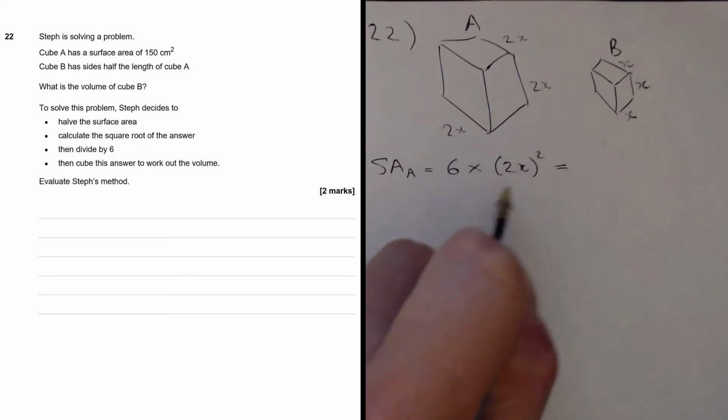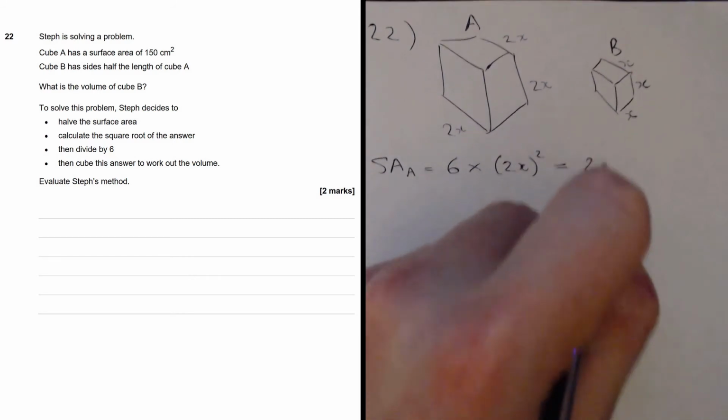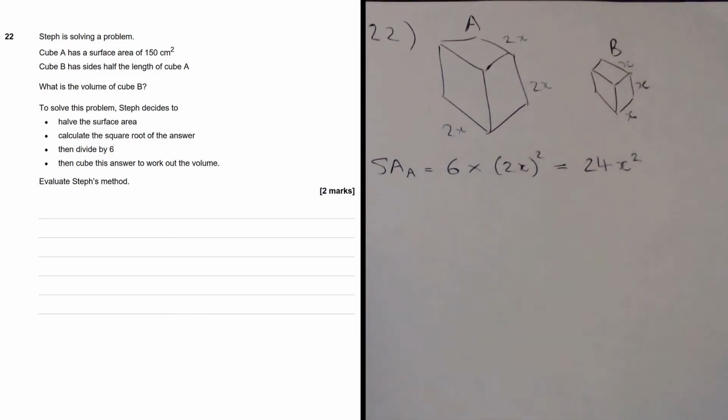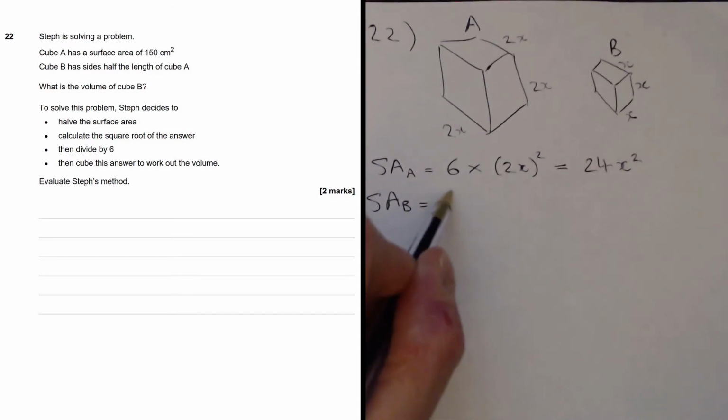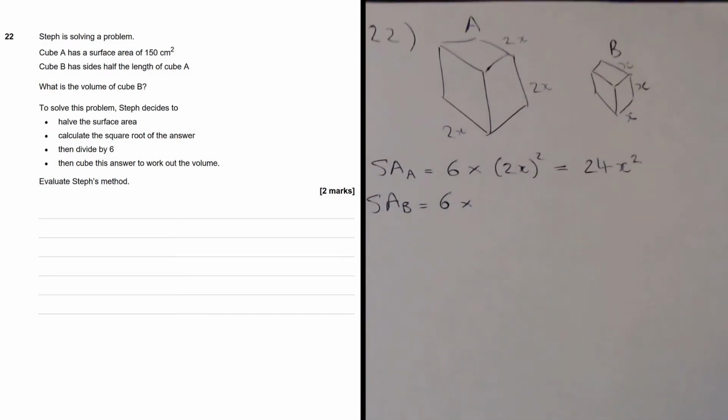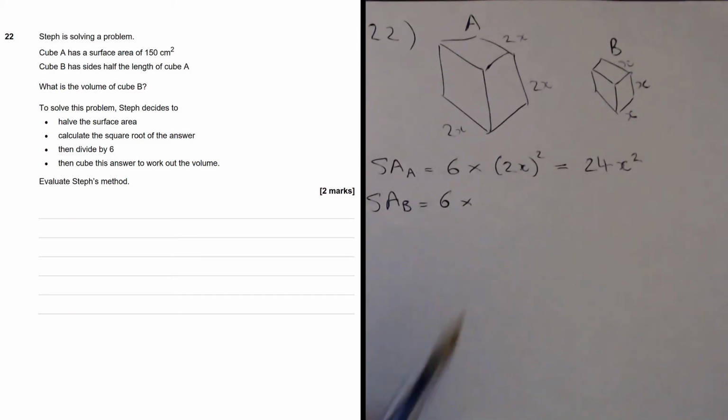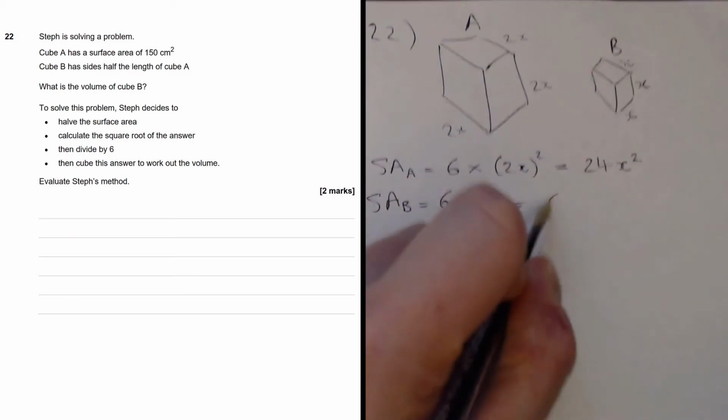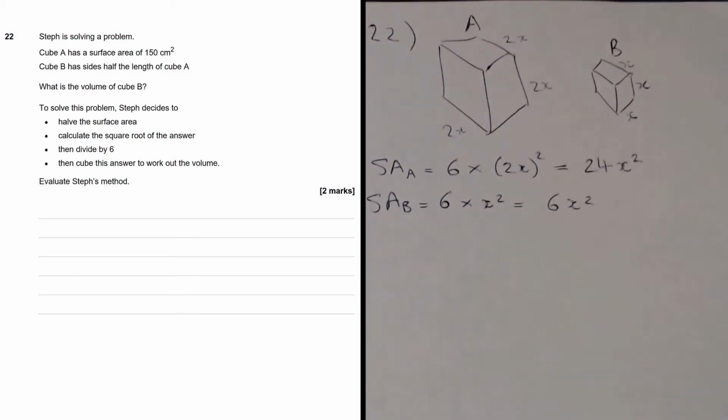And that's going to be 4x squared times 6, which is 24x squared. What about the surface area of B? Well, the surface area of B is going to be 6 times the area of the faces of B, which is x times x, x squared. So that's 6x squared.